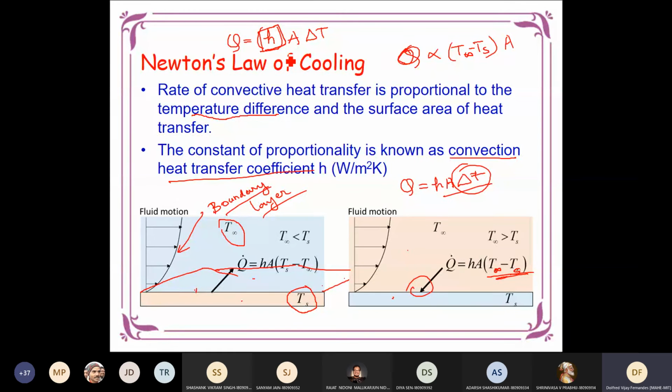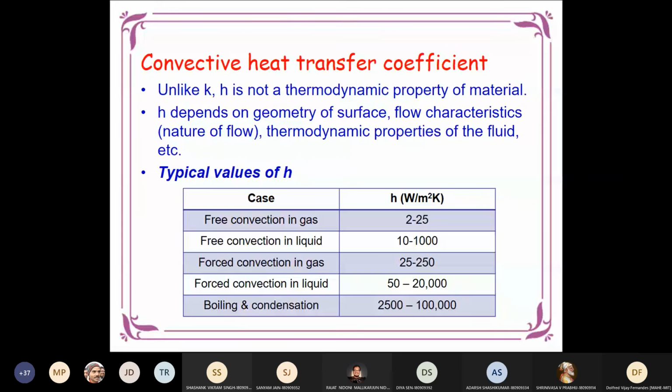That correlation then becomes the standard for other similar applications also. So that means this quantity H cannot be estimated very easily. Unlike K, H is not a thermodynamic property of the material.